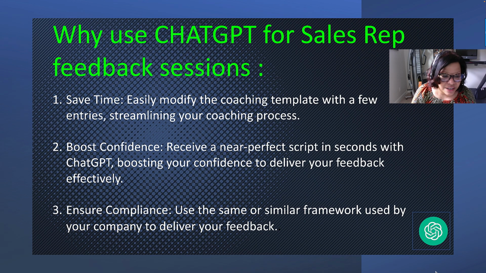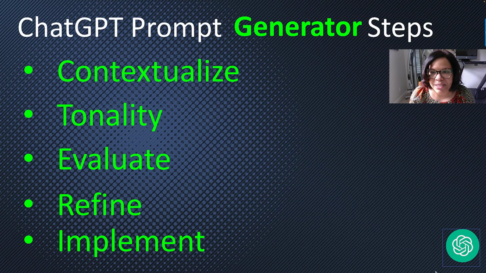And the third reason why is to ensure compliance. You can use the same or similar frameworks used by your company to deliver your feedback. Some companies are sticklers for process, and they really want you to follow a specific feedback framework model, and that's usually for legal reasons. The ChatGPT prompt generator steps really has 5 phases.